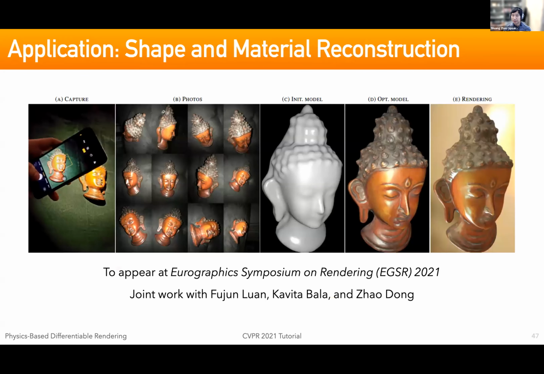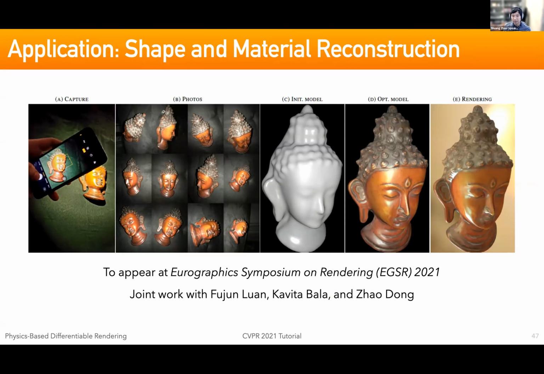So this is the example that I talked about earlier. In one of our recent works, which is joint work with Fujun, Kavita, and Zhao from Facebook, we applied this system to a joint shape and material reconstruction problem.